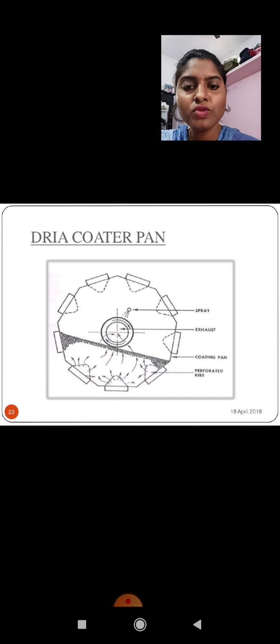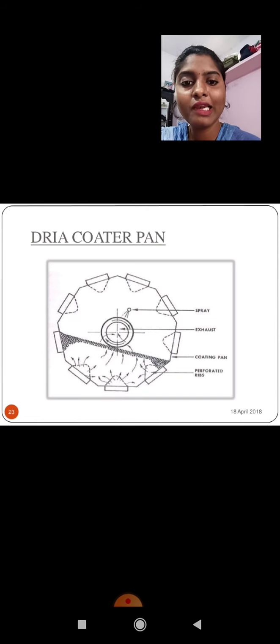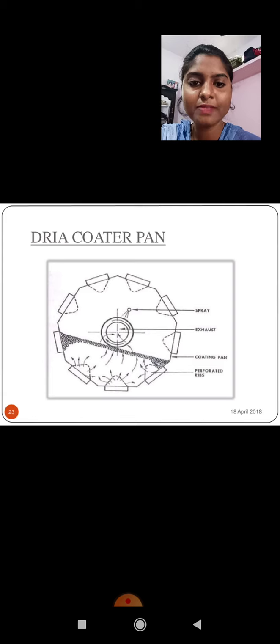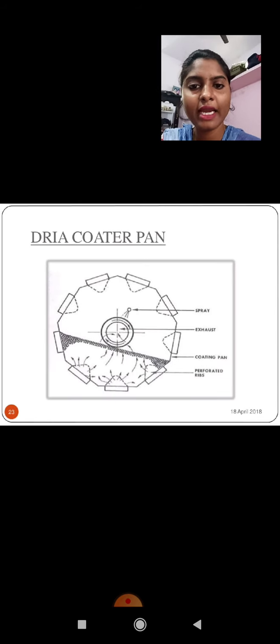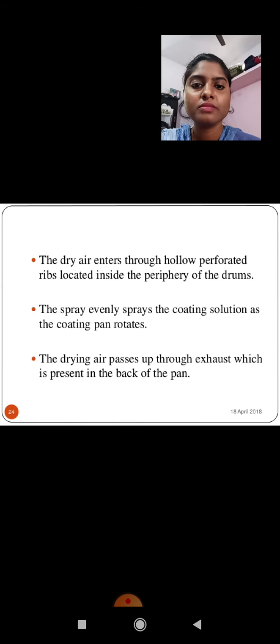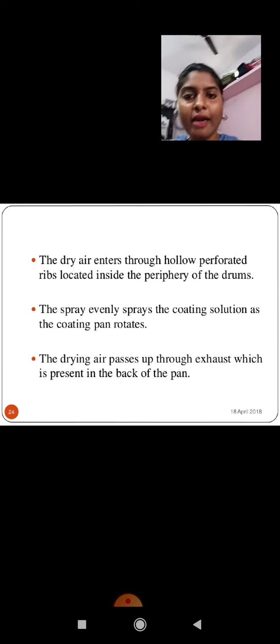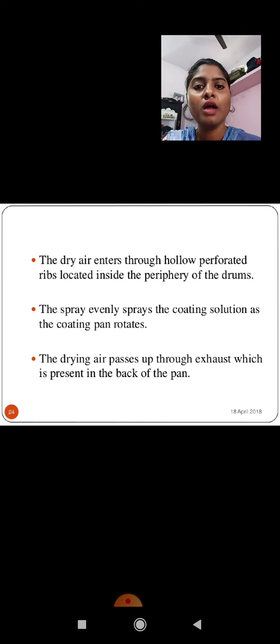Periphery means the outside portion. The perforated ribs are present peripherally, and through these perforated ribs the dry air enters into the drum, into the hollow perforated ribs located at the periphery of the drum.